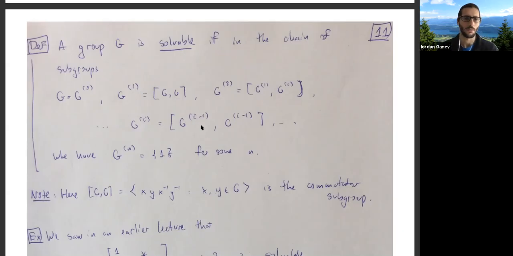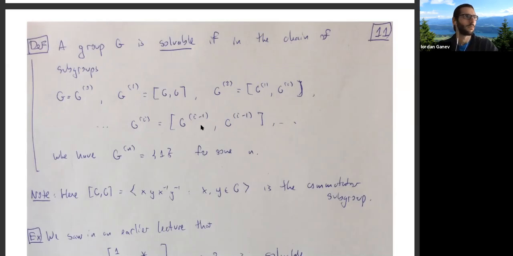So it's immediate that any abelian group is solvable, because if we take the commutator, we just get the identity. You can think of solvability as a weaker version of a group being abelian, so it's somehow not too far away. It's also related to Galois theory.